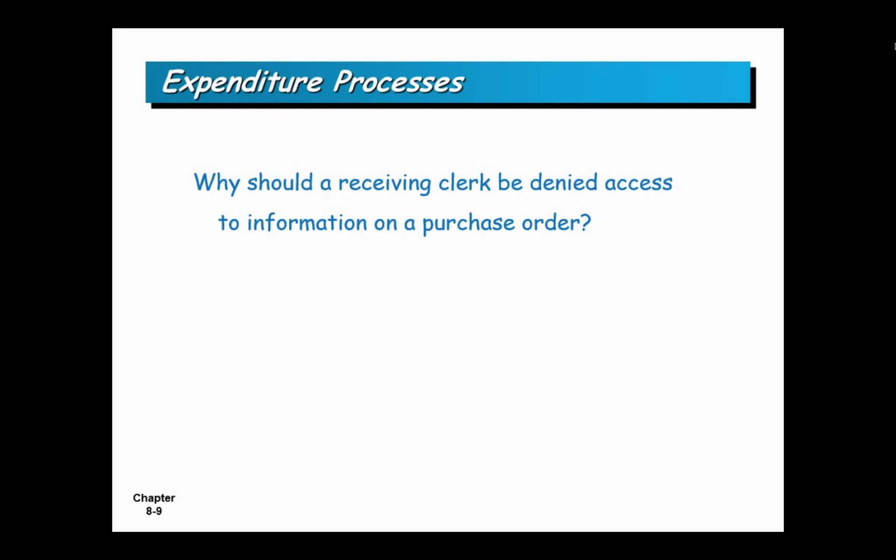If a receiving clerk knew, hey, we should be getting 12 pallets of magic markers this week, and it comes in, they see the purchase order, 12 pallets, it looks like 12 full pallets, okay, we're good. Instead, they need to count it and verify it and not know what the right answer is supposed to be. When you know the right answer, you don't tend to work as hard. So it could be because of fraud, or it could just be because of the natural tendency not to work as hard as you can.